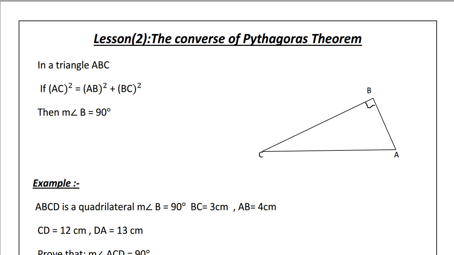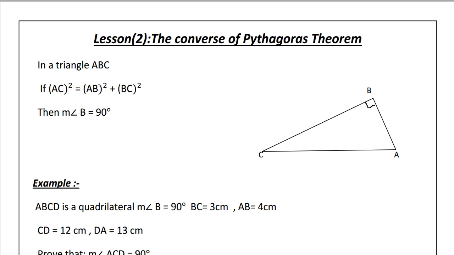So here I have a triangle ABC and I have all the side lengths of it, 3, 4, 5, but the required is to prove that this angle is a right angle.